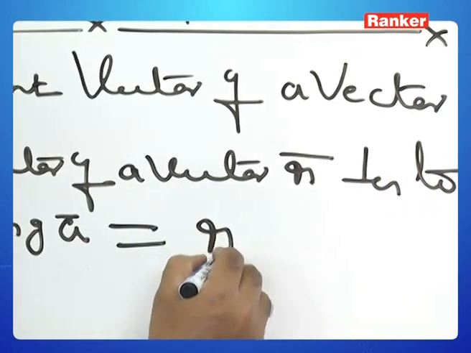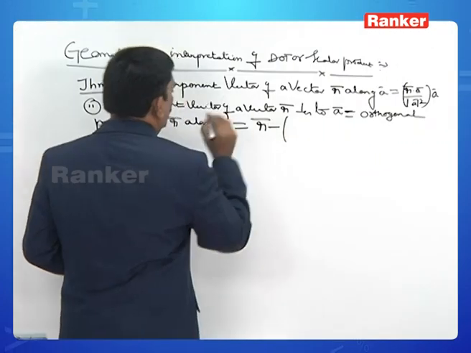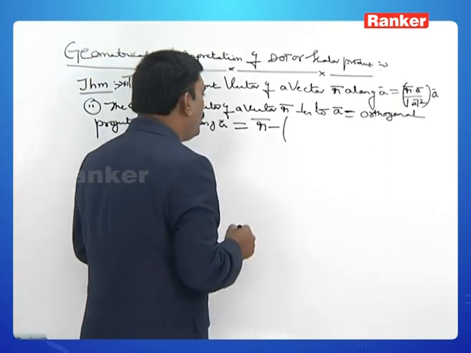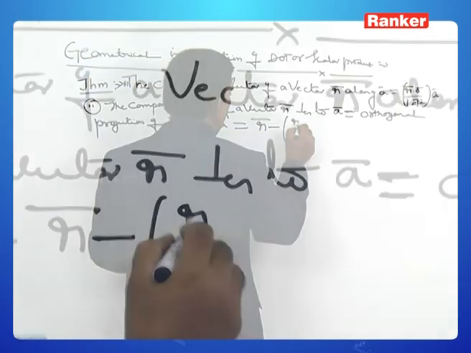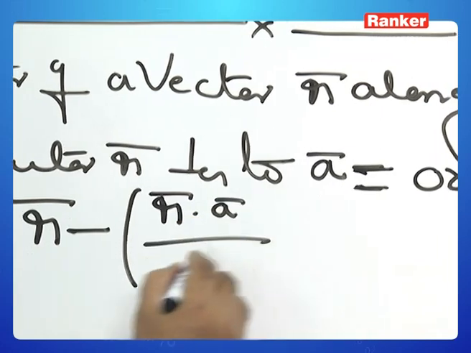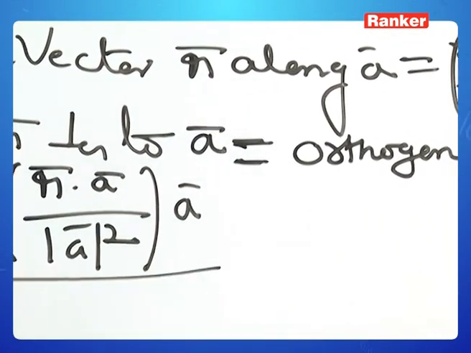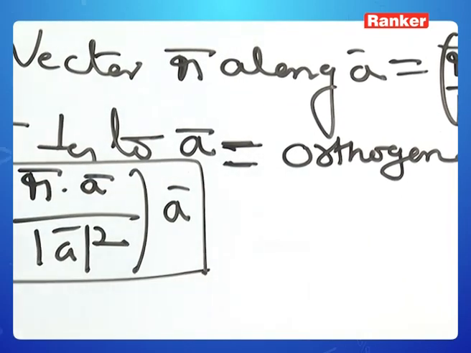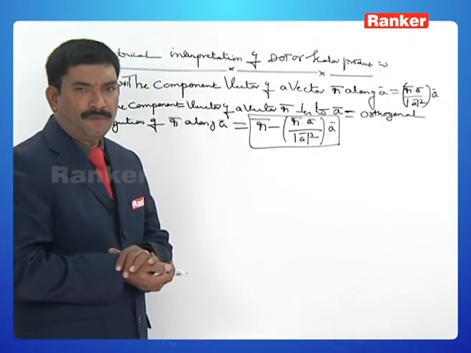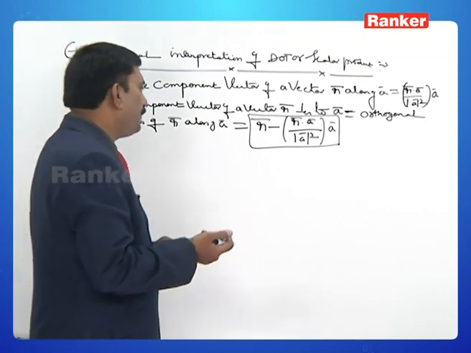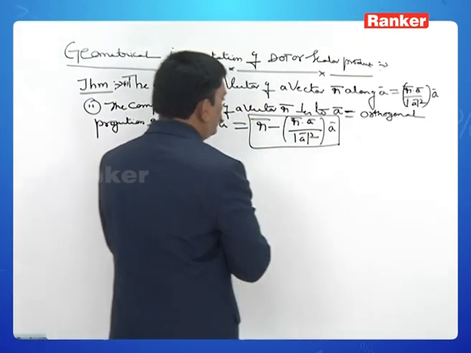This is given to be R bar minus (R bar dot A bar by modulus of A bar whole square) into A bar. Followed? So now we have to prove that.